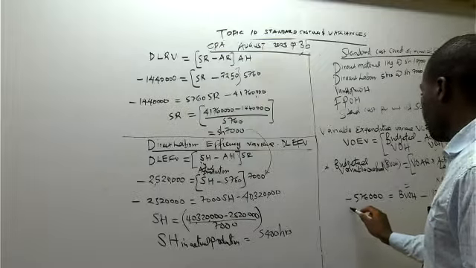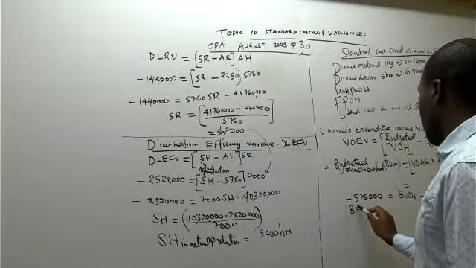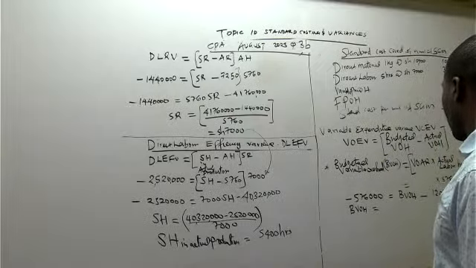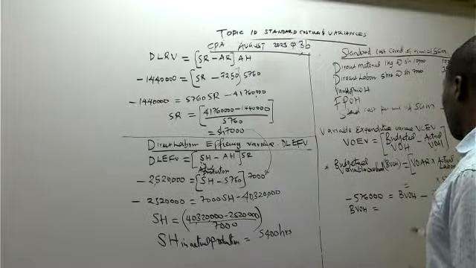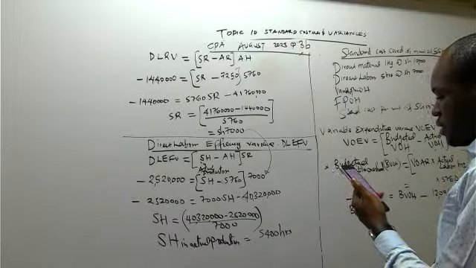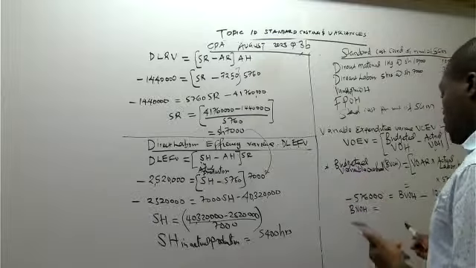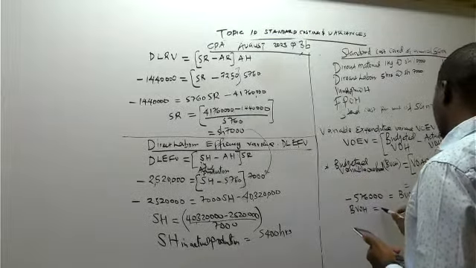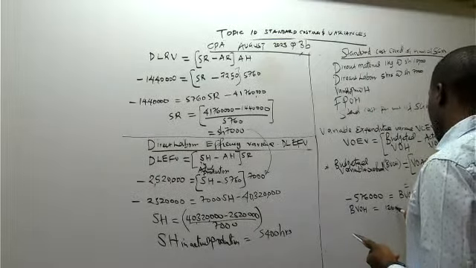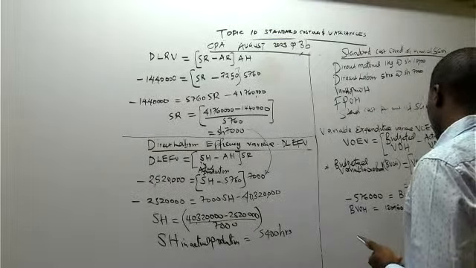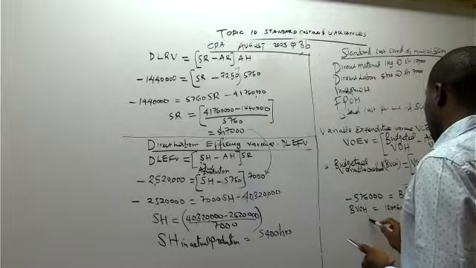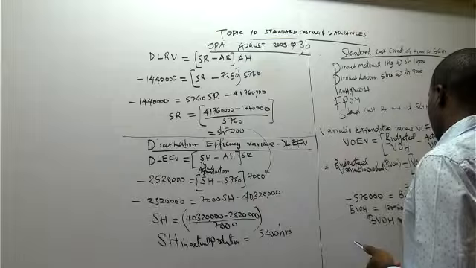So budgeted variable overhead is equivalent to 12,096,000 minus 576,000, because this one causes the equal sign to be positive. Tukifanya hivyo, what is budgeted variable overhead?